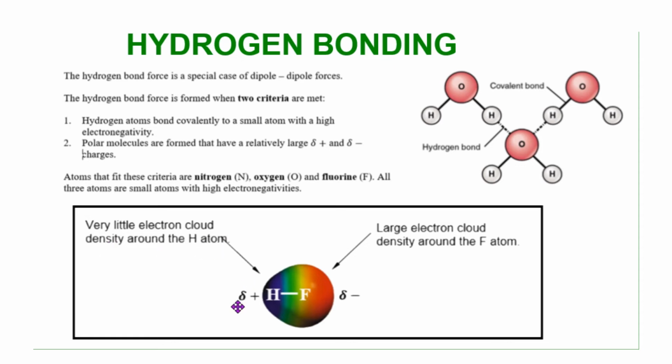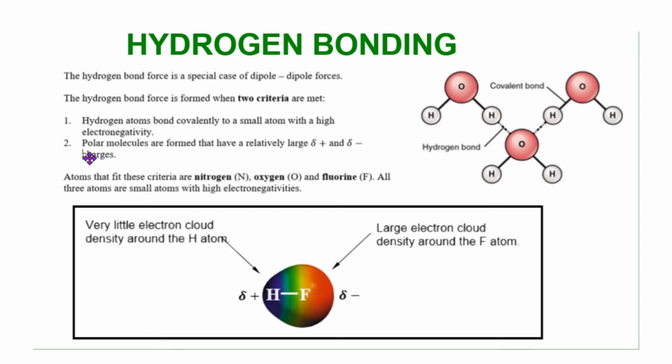So we've got quite a strong, slightly positive side over here. And so when that hydrogen bonds to the next HF molecule, the hydrogen would be attracted to the fluorine in the very next molecule. And because it's quite a strong positive charge, and the fluorine has quite a strong, slightly negative charge, it makes for a much stronger bond than a regular dipole-dipole.